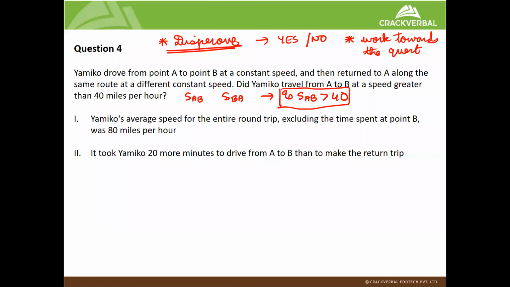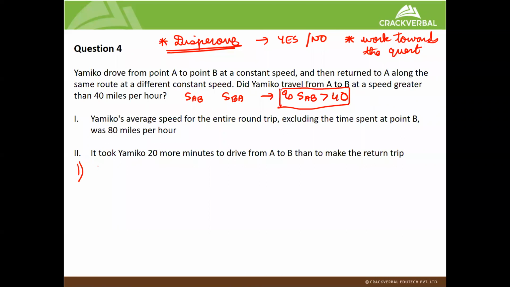So in this case, the average speed is going to be 2 SAB into SBA divided by SAB plus SBA. And the first statement gives me that Yamiko's average speed for the entire round trip, excluding the time she spent at point B, was 80 miles per hour.